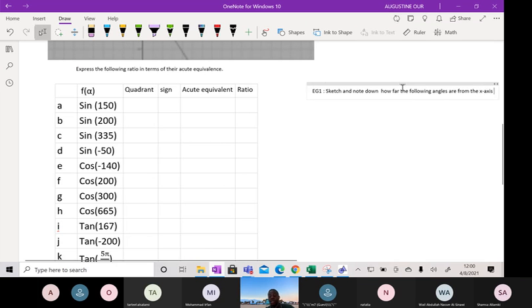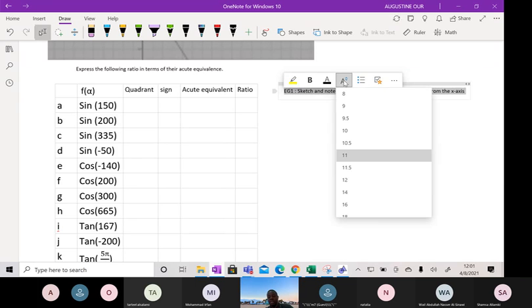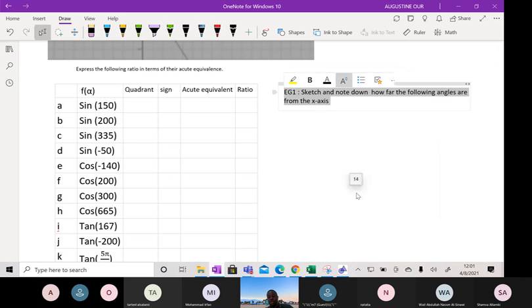Very important, because there's a mathematical rule that says that given any angle, you can find other angles with the same trigonometric ratio in terms of magnitude, but the sign will be different.